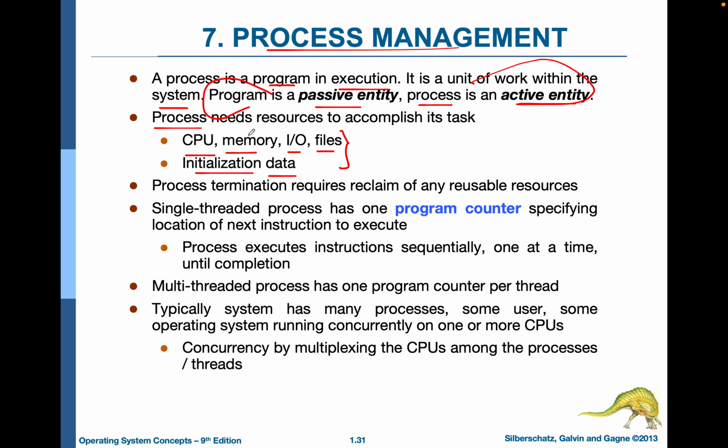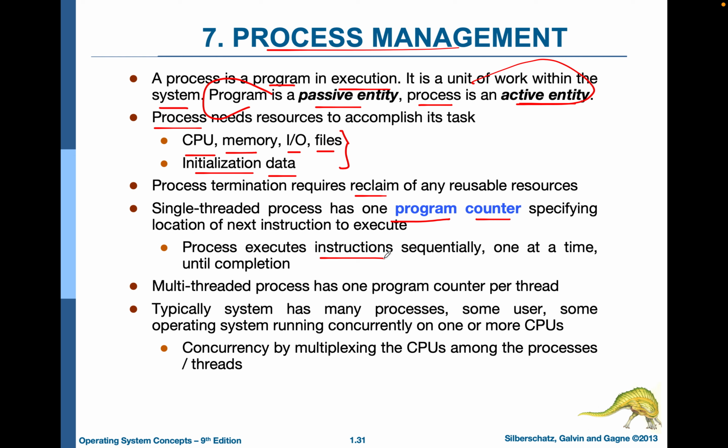And process termination requires reclaim of any reusable resources. A single-threaded process has one program counter specifying the location of the next instruction to execute. So for example, a process executes instructions sequentially, one at a time, until they complete.